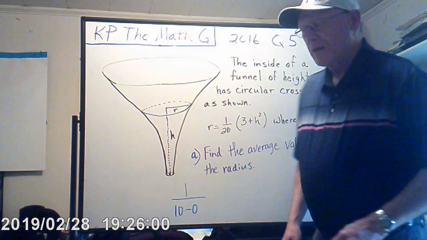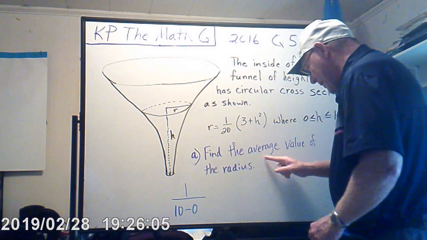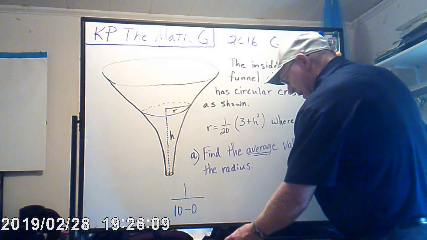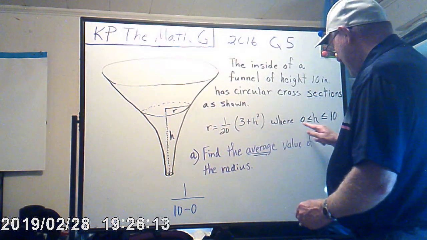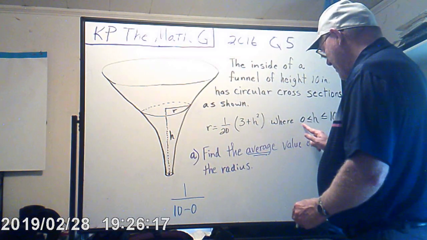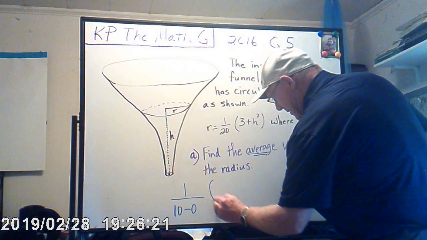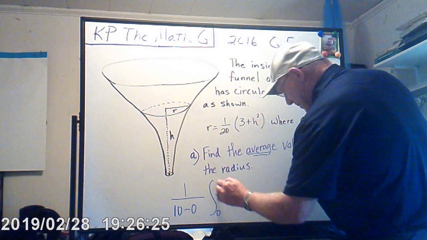Always remember that when you're dealing with average anything, average value, you are going to have a 1 over 10 minus 0. Had this been a 5, it would have been 10 minus 5, and so on. You're going to integrate from 0 to 10.